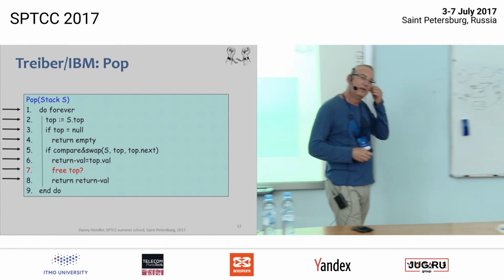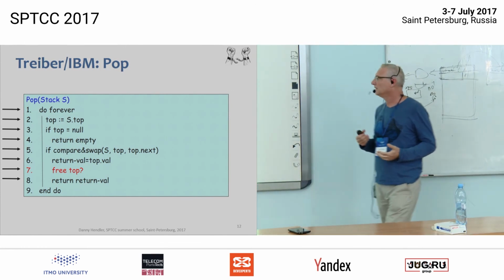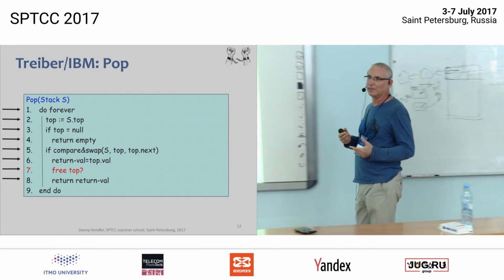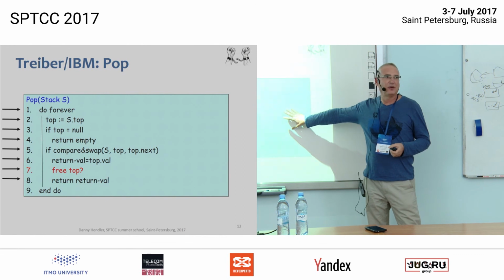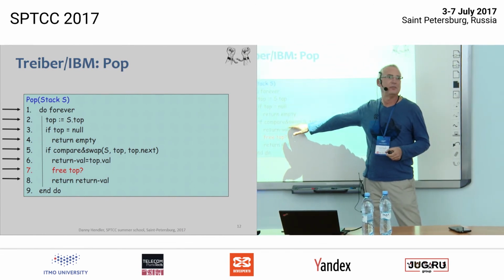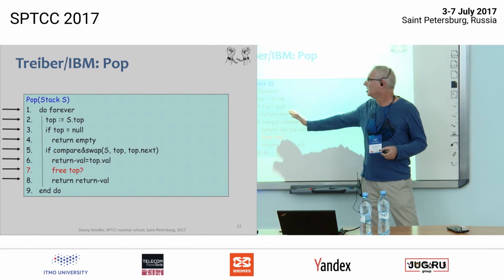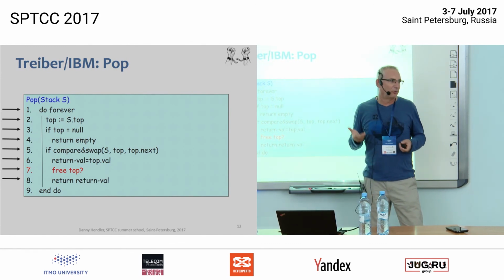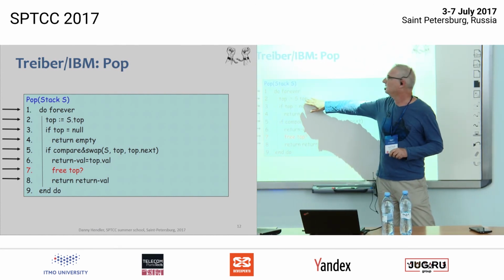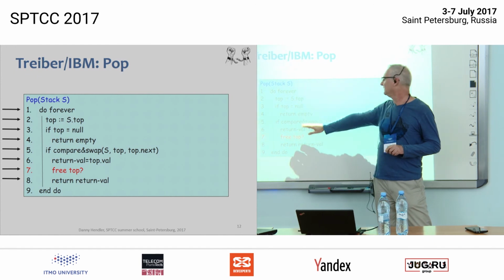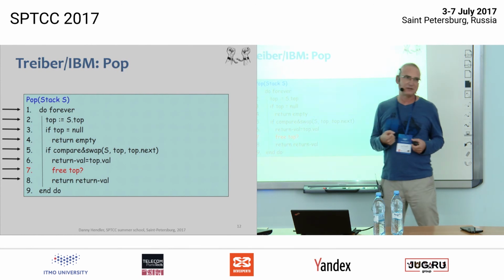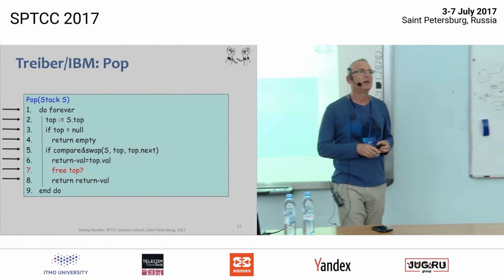So also here, we can see that the progress guarantee of this algorithm is global. Namely, a single operation may fail again and again. The compare and swap here may fail in every iteration because it might be, maybe it's not probable, but it's possible that in every iteration between the time when we read top in line 2 and the time when we try to perform the compare and swap in line 5, some other thread manages to change the value of top.